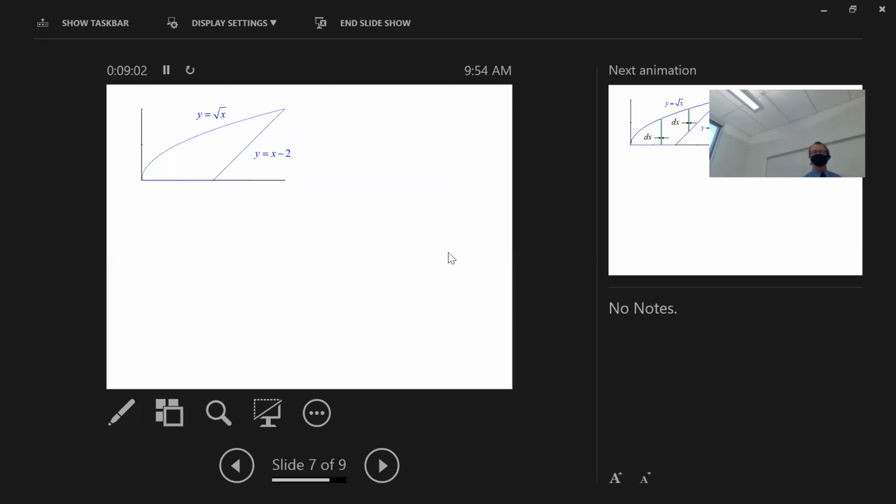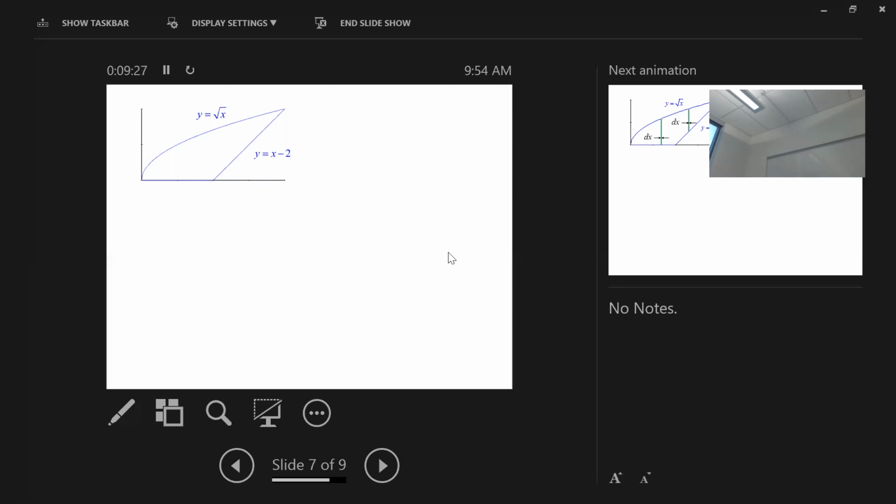This problem is a little different. Why is this problem a little different? No, it's the same. We still got to find out where they meet, yes? So I say, okay, find out where they meet.